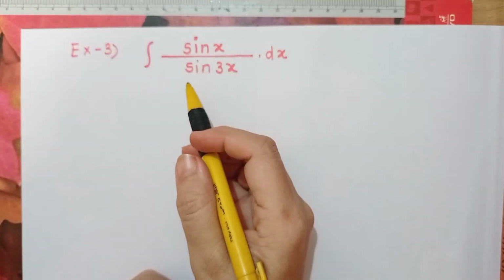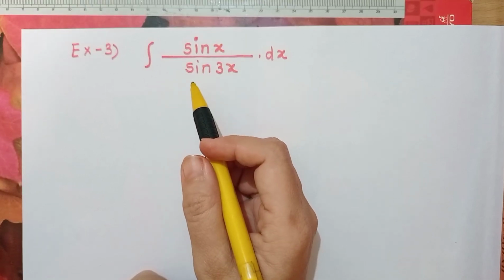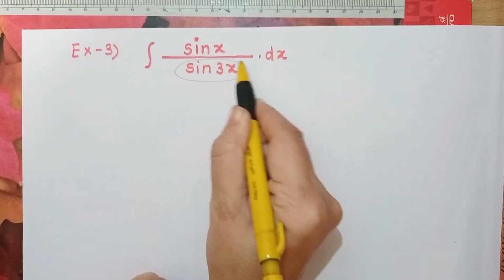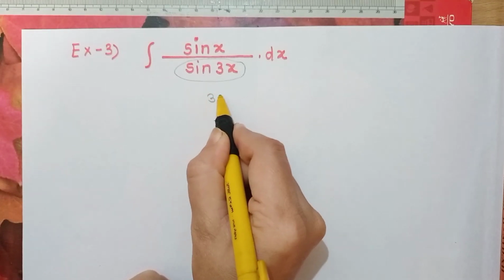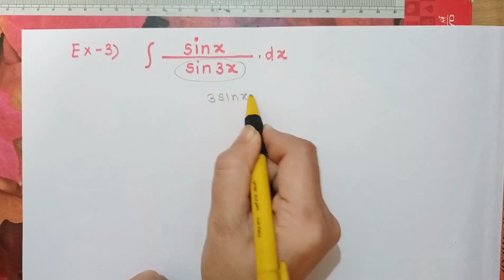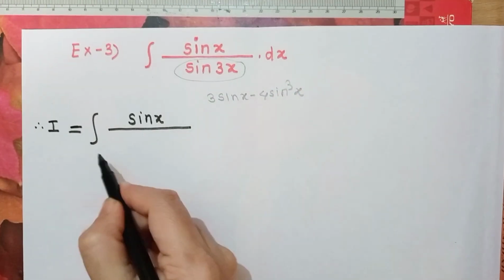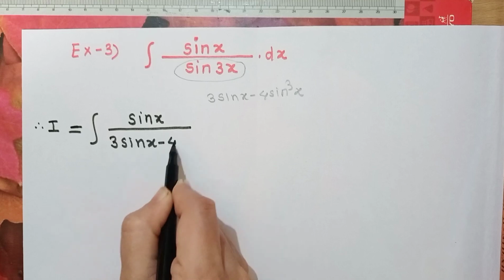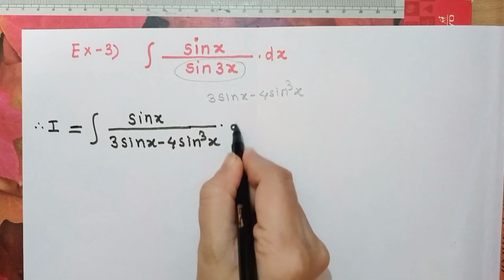This is our third example, and now check the integrand. This is not in the standard form, so in the denominator we will use the identity sin 3x equal to 3 sin of x minus 4 sin cube x, and so the denominator is 3 sin of x minus 4 sin cube of x, dx.